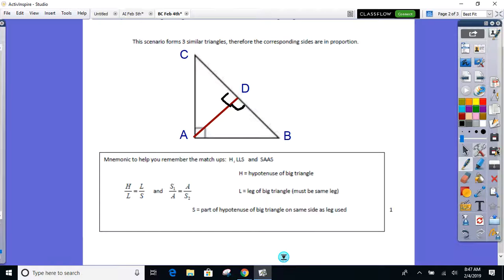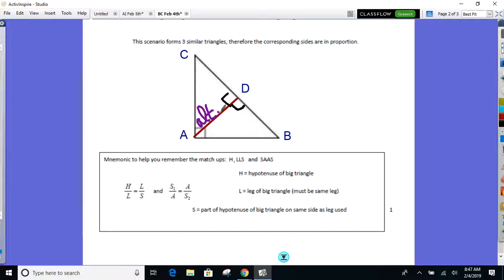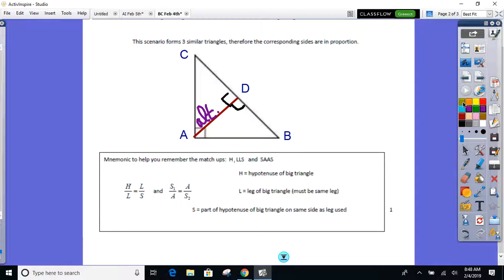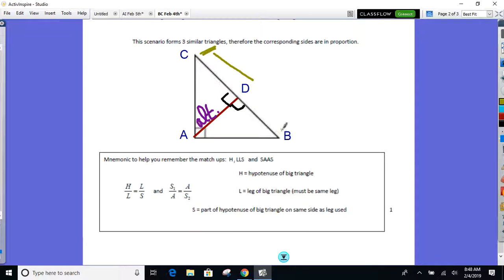Before I introduce those devices, we need to talk about all the different segments that have been formed in this diagram. What's AD is probably the easiest. What do we call AD? That's called my altitude. All right, so AD, let's label it. That's my altitude. CB. Somebody give a name to CB in this right triangle. Hypotenuse, nice.